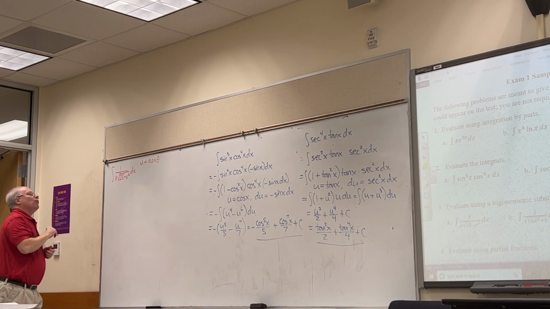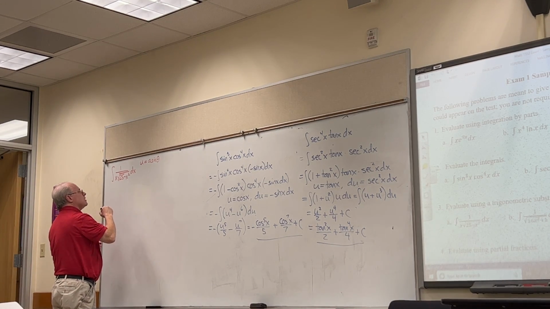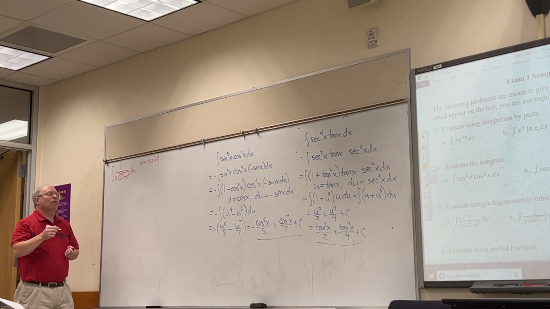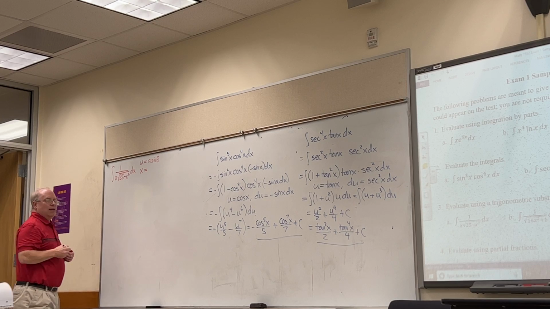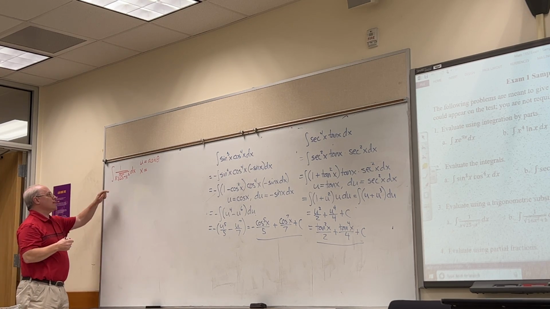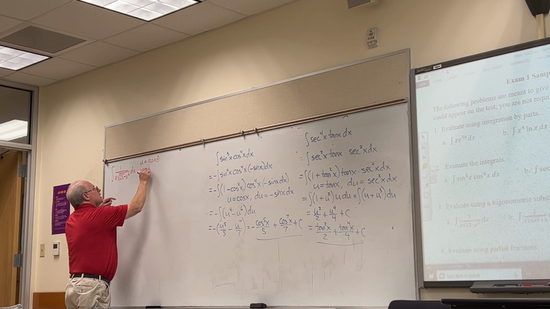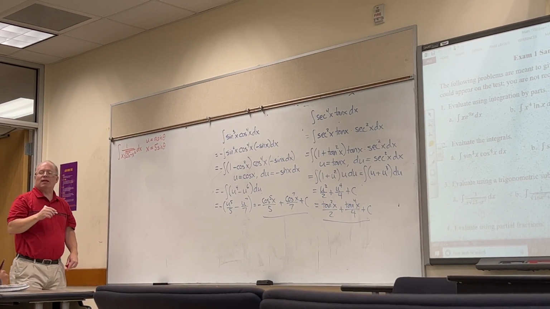Now, in this integral, what's u? No, it's not 5. Remember, u is the variable part. X. Right, u is x. And then what's a? 5. That's 5, because the constant term is a squared. So a is 5. So we're making the substitution x equals 5 sine of theta.